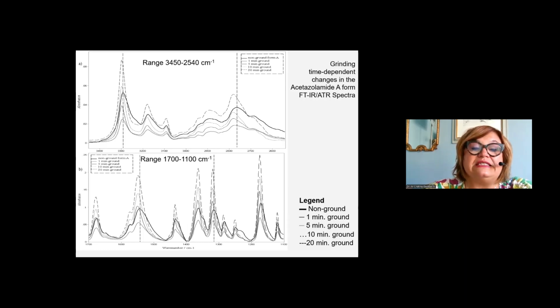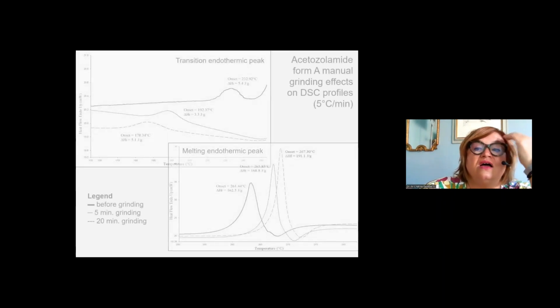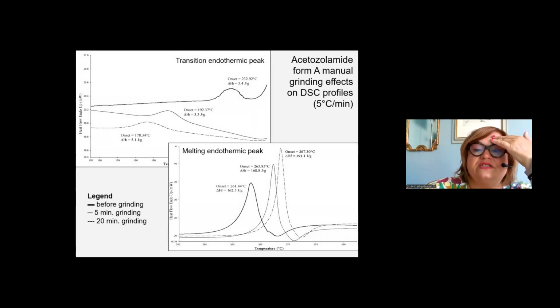Here we studied the sample when it was not ground, after 1 minute, after 5 minutes, after 10 minutes, and so on. So it's possible to study the modification of the sample when it is ground.